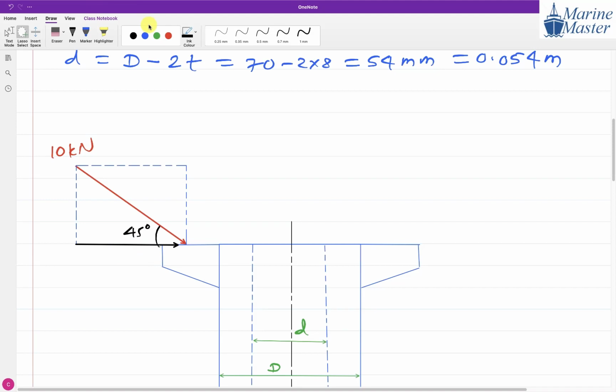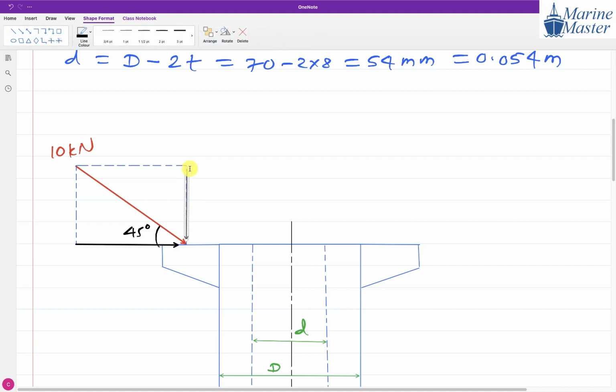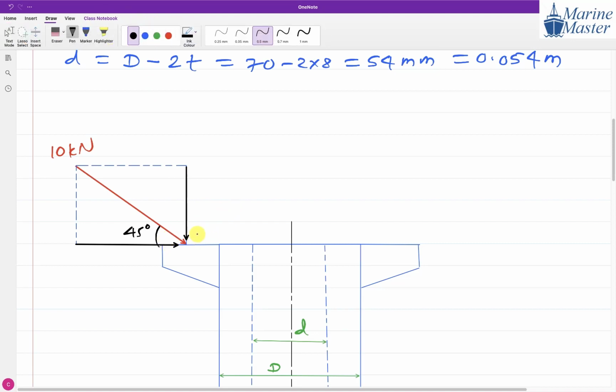This is one component, and what will the other component be, guys? This is the other component. Observe. I'm going to make it a little bit dark. Now what are the things here, guys? The value of this component will be 10 cos 45 kilonewton.